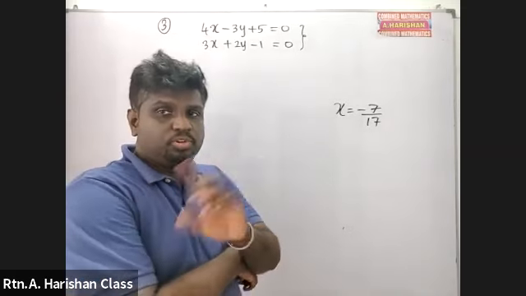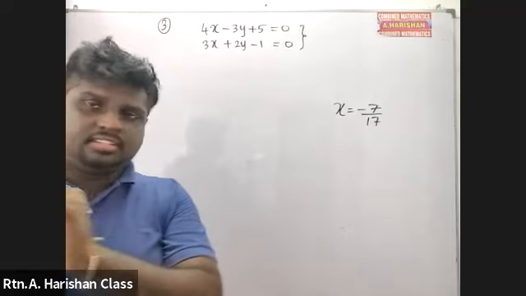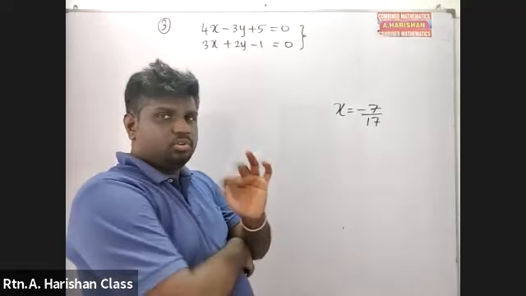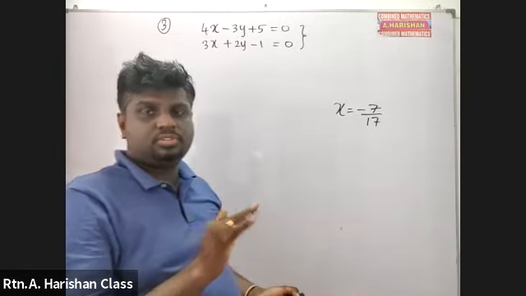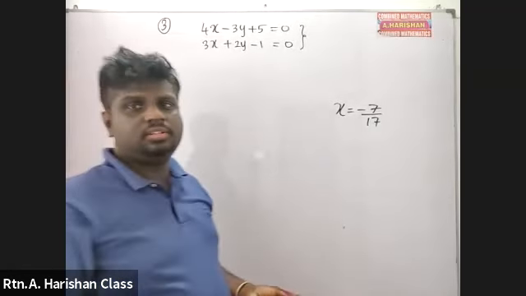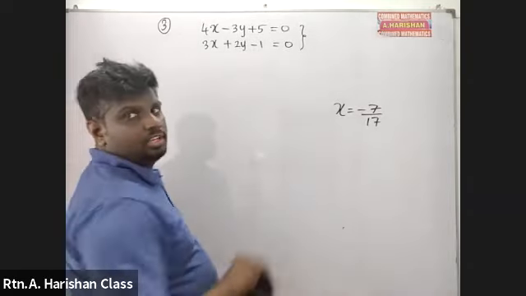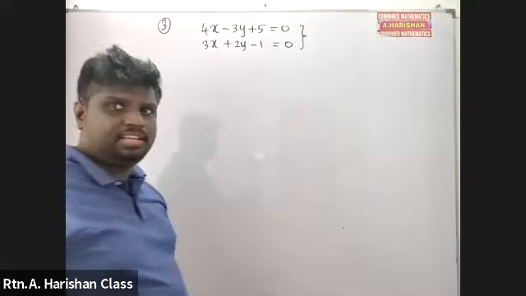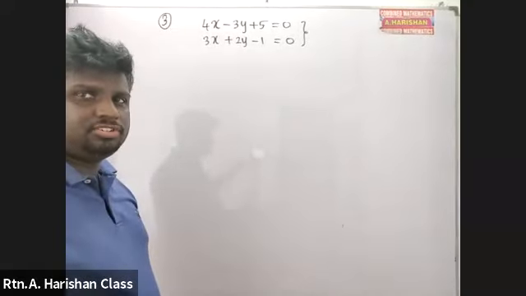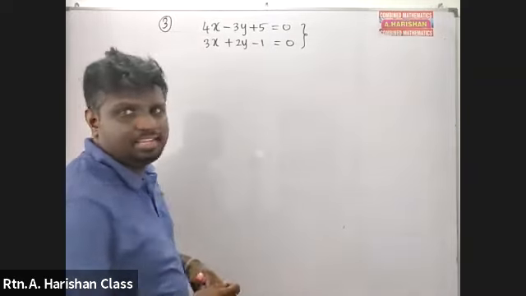So those who put the wrong answer, please review. If you don't understand, please let me know so I can explain again. We are not going to rush. All right, so all of you have done that.